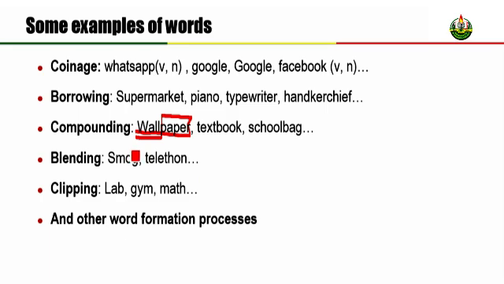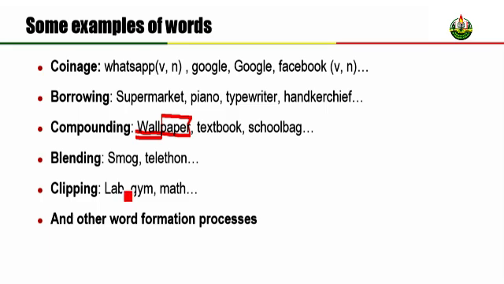Another one is smog, which is a combination of smoke plus fog. Telethon, television plus marathon. Blending here. In the coming lesson, we will go into detail concerning each process, how we can create words, how words are created in the English language, taking their origin from different languages.